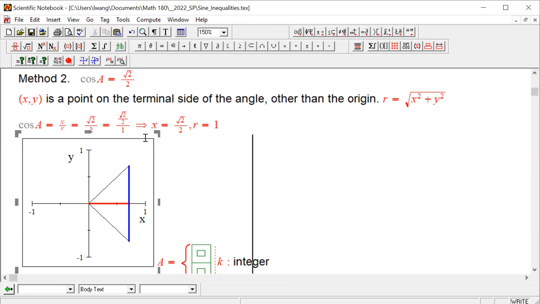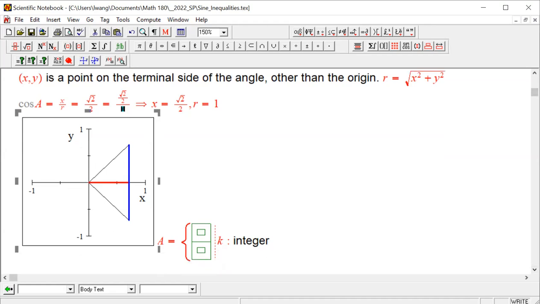You can also choose x to be root 2 over 2, r to be 1. So we have the flexibility, right? Besides, it doesn't matter which point x comma y we choose on the terminal side of the angle other than the origin. As long as it is not the origin, any point we pick on the terminal side would be just fine. Okay, so here we go. We get the solution.